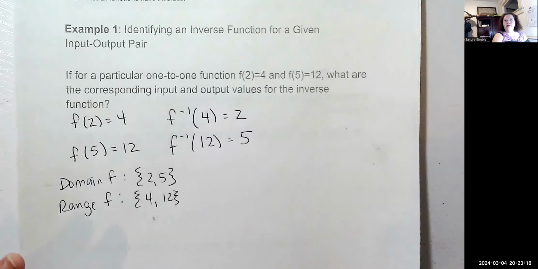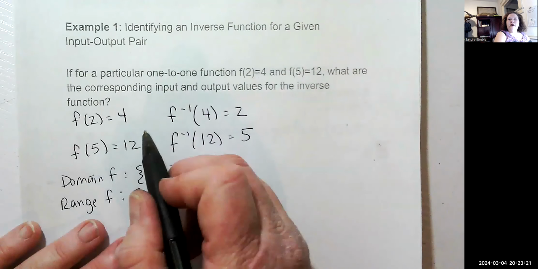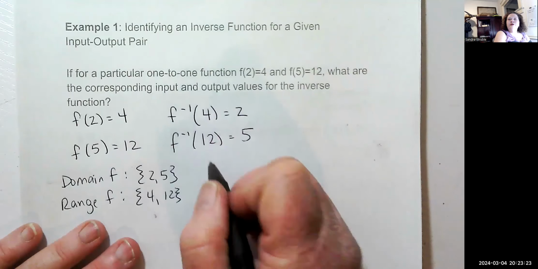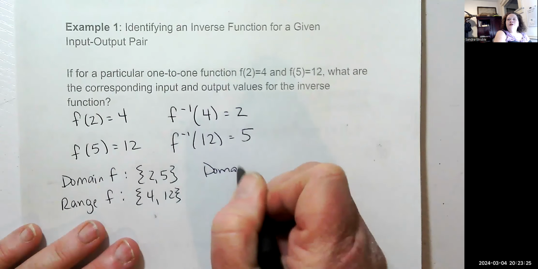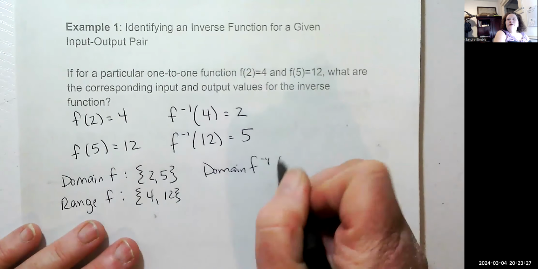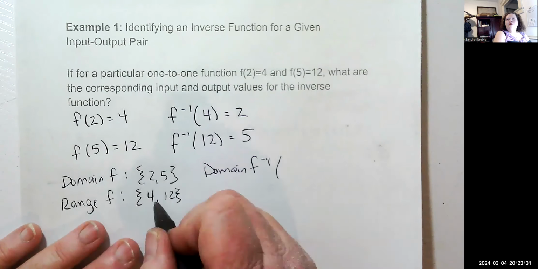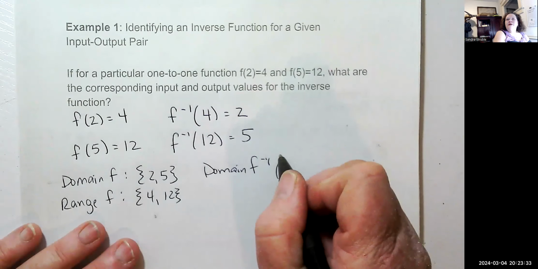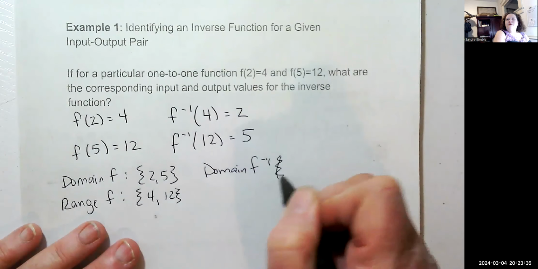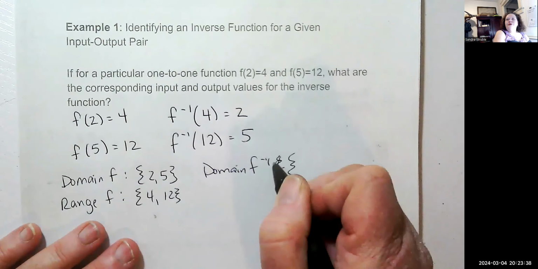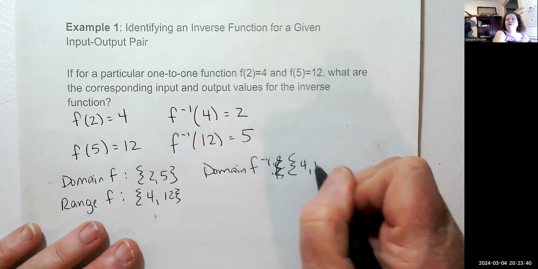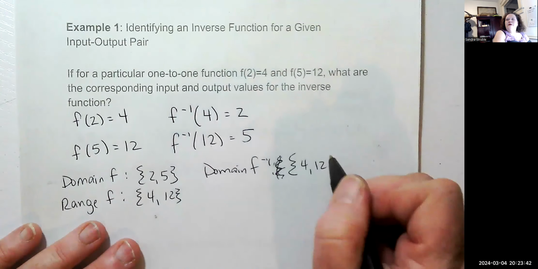Let's go the other direction. Let's look at the inverse of f. What is the domain for the inverse of f? The domain for the inverse of f is the opposite of the domain for f. It's 4 and 12. I should have put these little cute curlicues. 4 and 12, because those are the inputs.